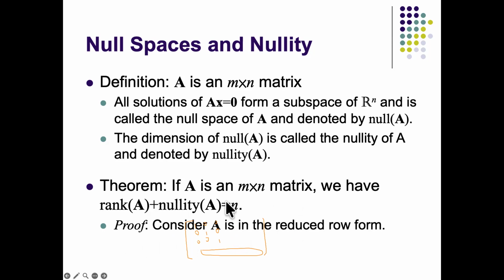In AX equal to 0, that X, the number of unknowns in X. So here it means, if I try to write it as a reduced row echelon form, like you see this, and this is your X.